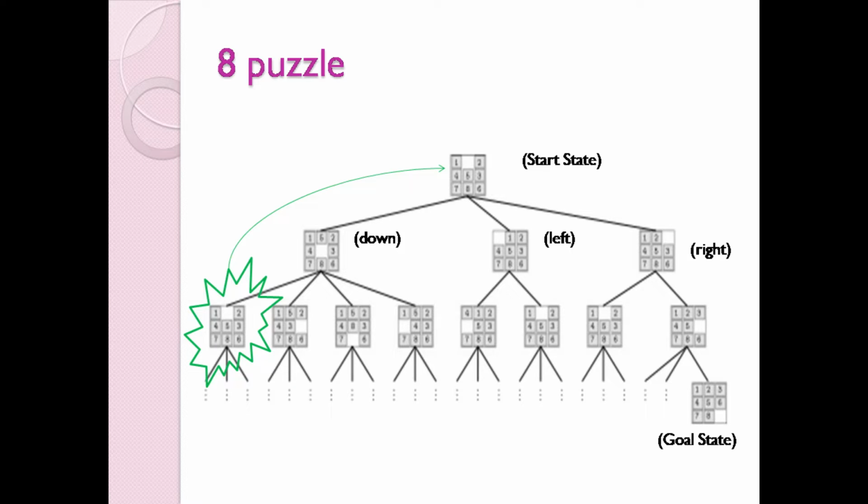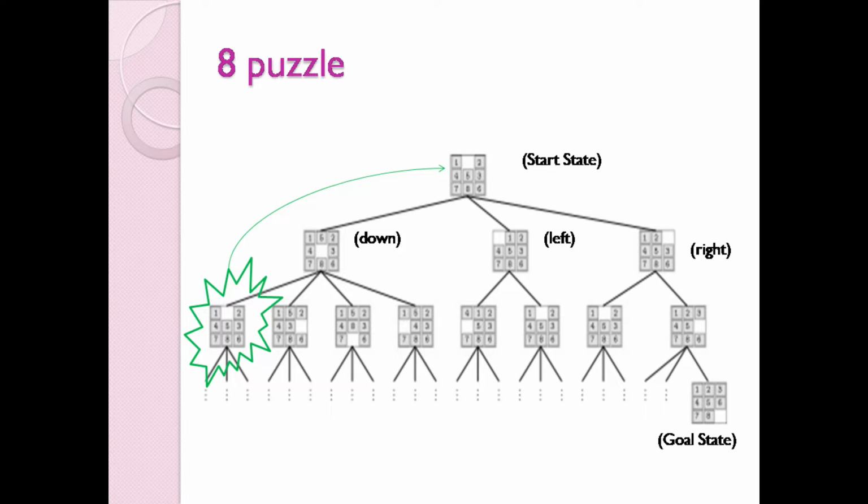If we look from the first level to the second level, the empty space can be moved down, left or right, but not up, because the board is a 3 by 3 representation. The empty space at the top means I can move down, not further to the top. So that's why the second level has 3 nodes.